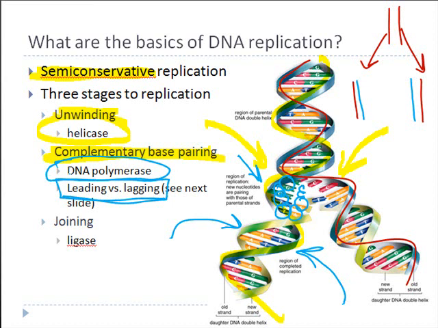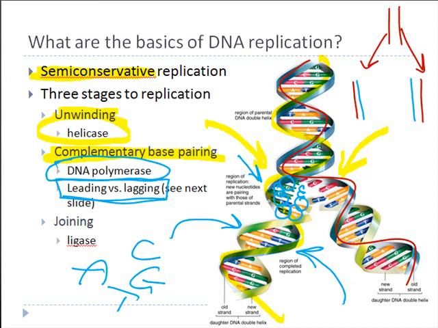The one thing to remember with all of this complementary base pairing and the DNA polymerase is that we've got to have free-floating nucleotides, free-floating C's, G's, A's, and T's, floating around that DNA polymerase can then grab and pair up with the existing strand's sequence of nucleotides so that we reform a double helix in the daughter strand.